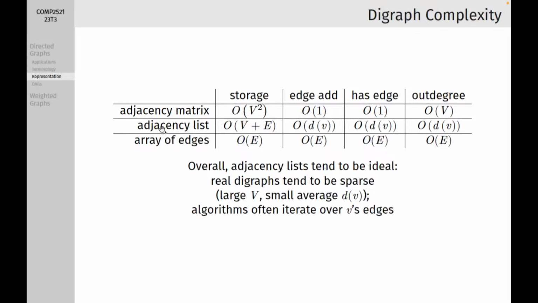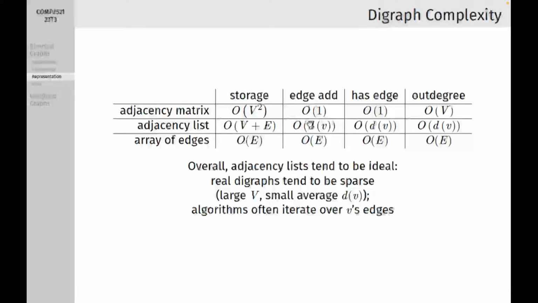For an adjacency list, adding an edge and checking if there is an edge is O(dv). This dv here means the degree of the vertex that you're given. The reason we write this instead of O(V) is because graphs tend to be sparse in the real world.